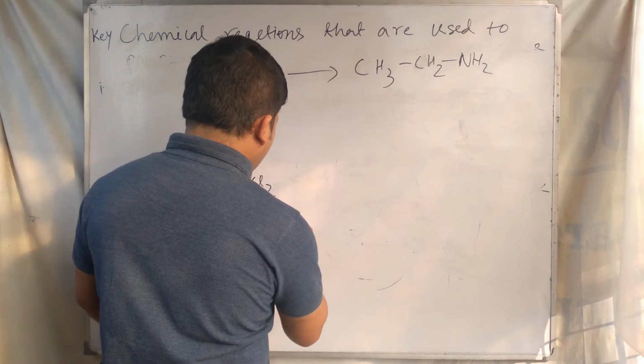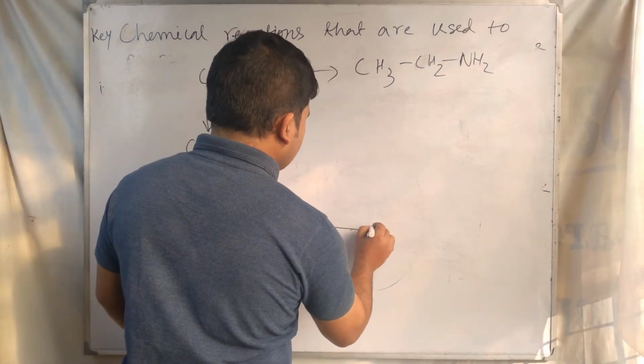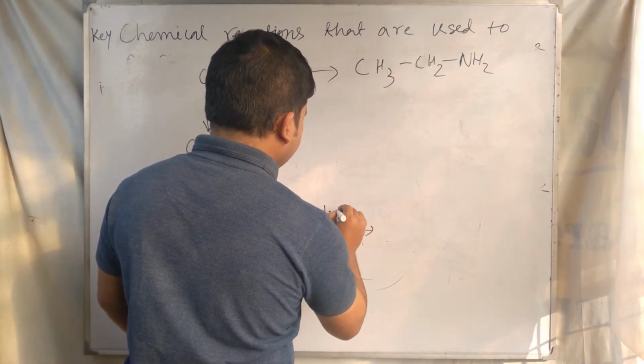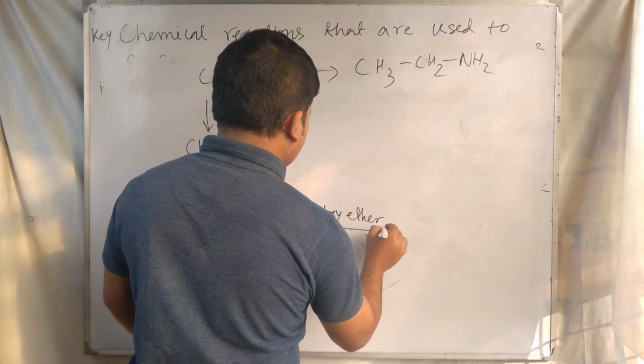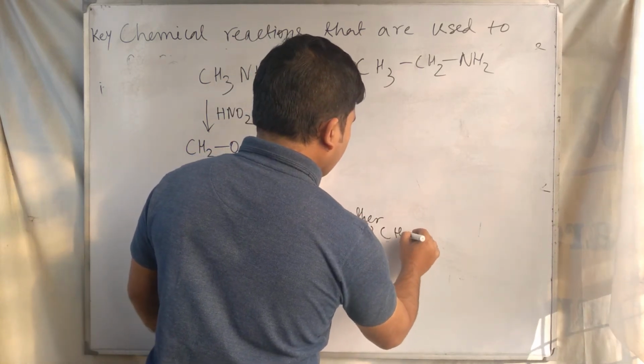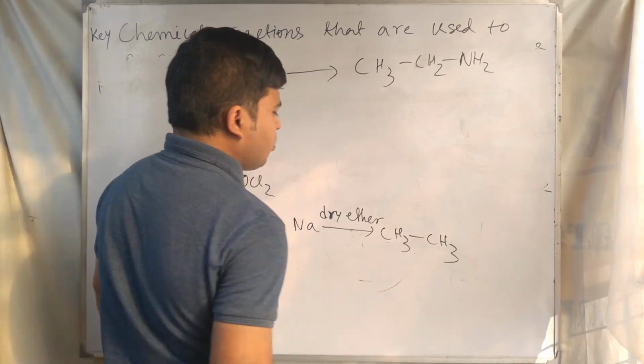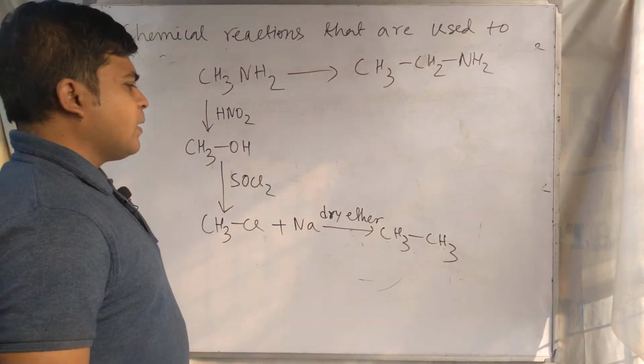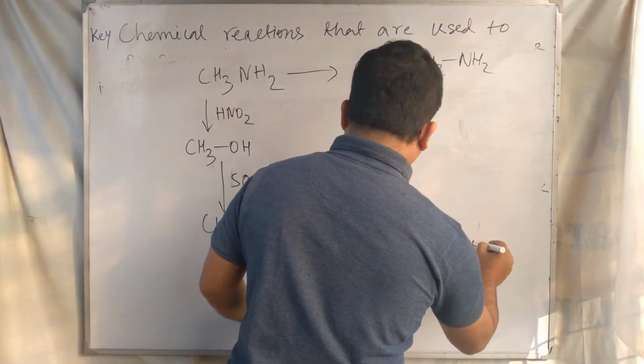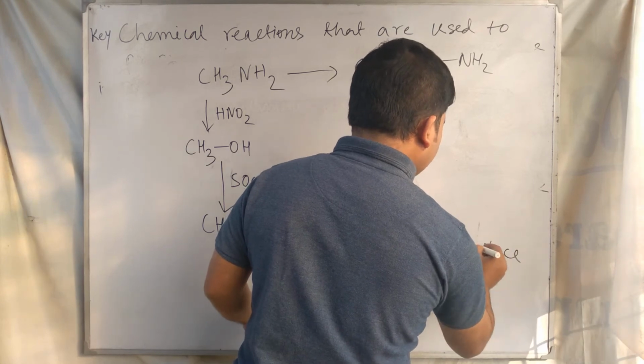Next, on Birch reaction with sodium and dry ether, we prepare ethane plus NaCl.